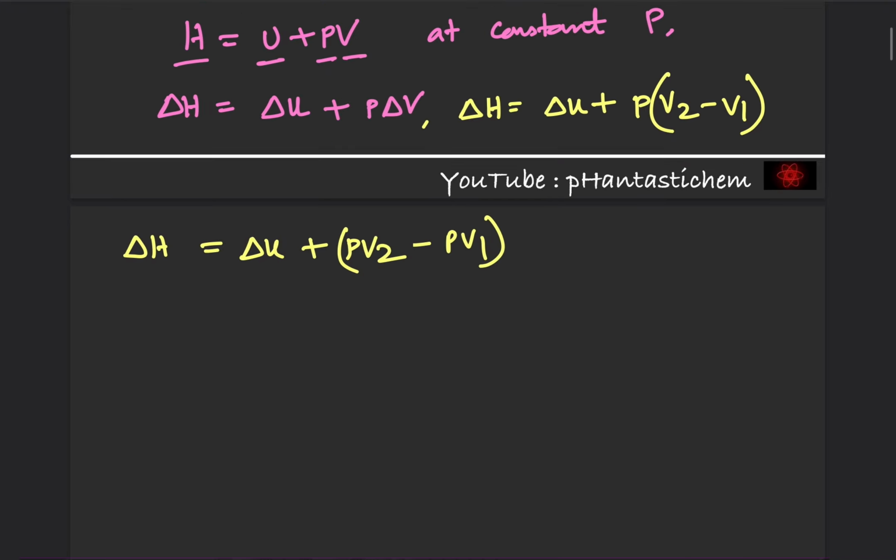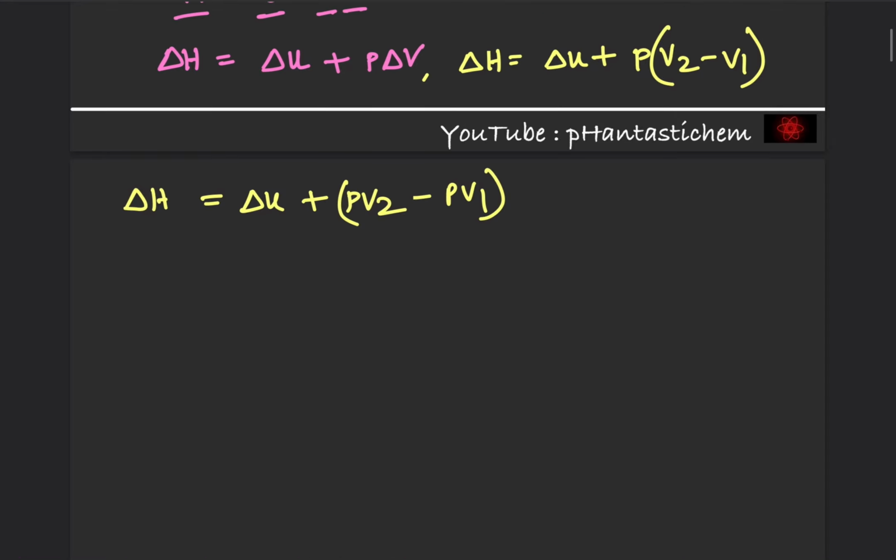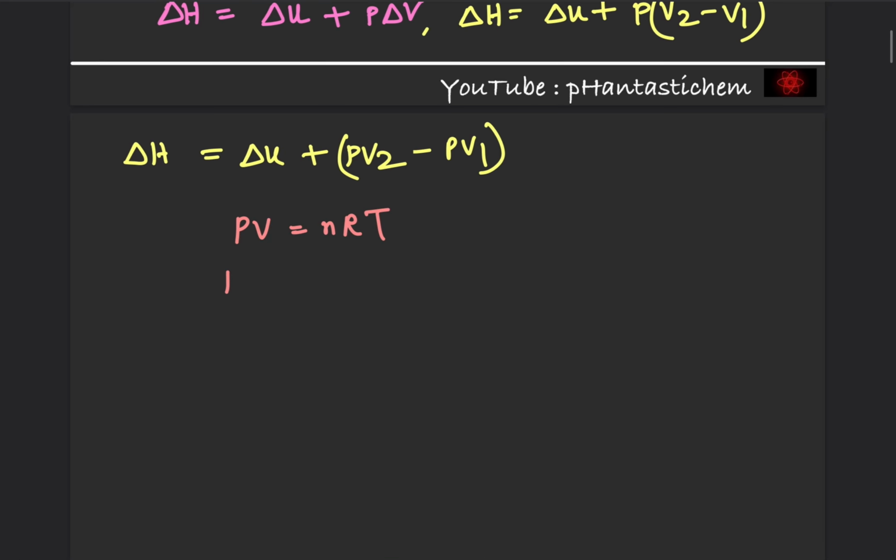And for ideal gases we know the ideal gas equation, PV is equal to nRT, right? So therefore we can write PV1 will be equal to N1RT, where N1 is number of moles of gaseous reactants. Very important.